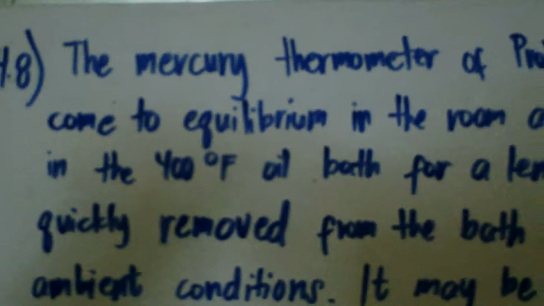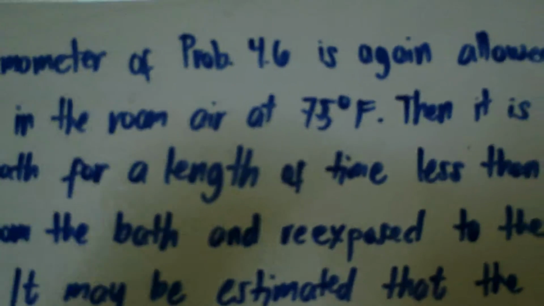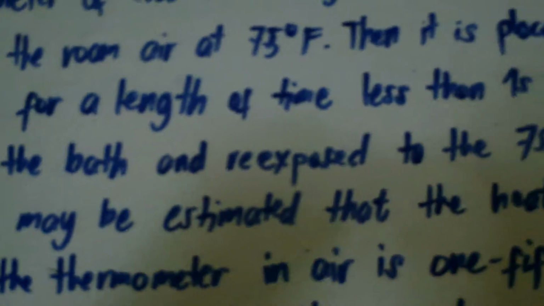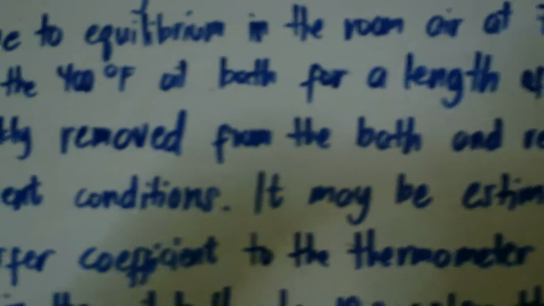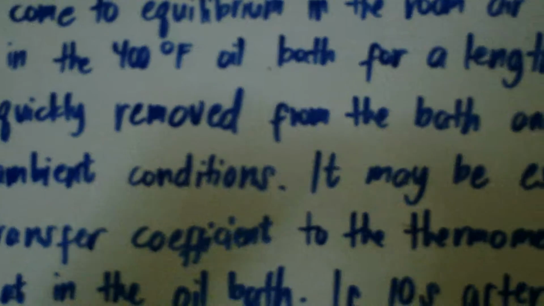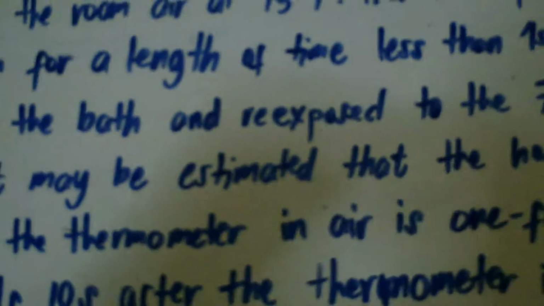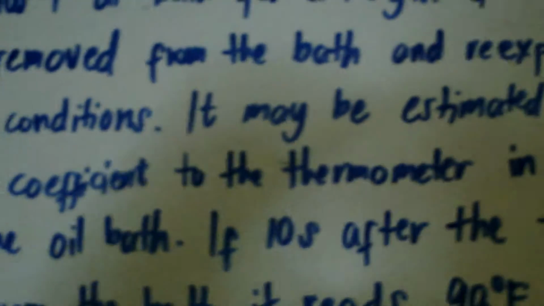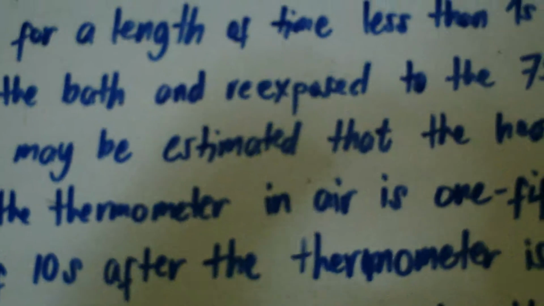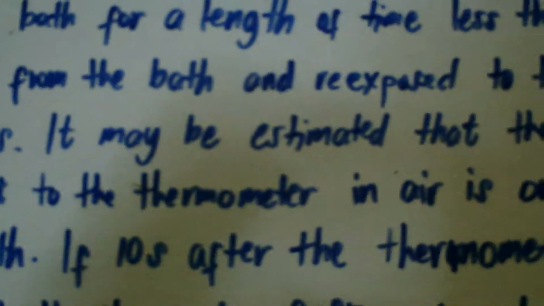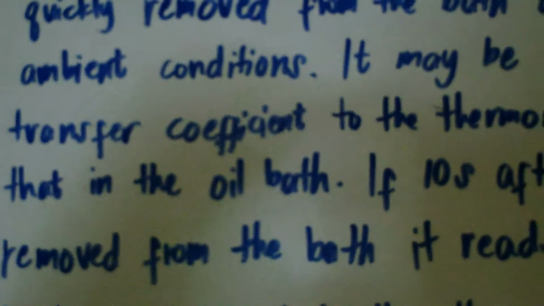Problem 4.8. The mercury thermometer of problem 4.6, which is in the book, is again allowed to come to equilibrium in the room air at 75 degrees Fahrenheit. Then it is placed in the 400 degrees Fahrenheit oil bath for a length of time less than 1 second and quickly removed from the bath and exposed to the 75 degrees Fahrenheit ambient conditions.